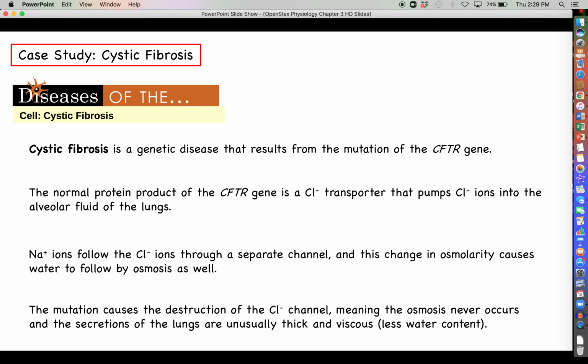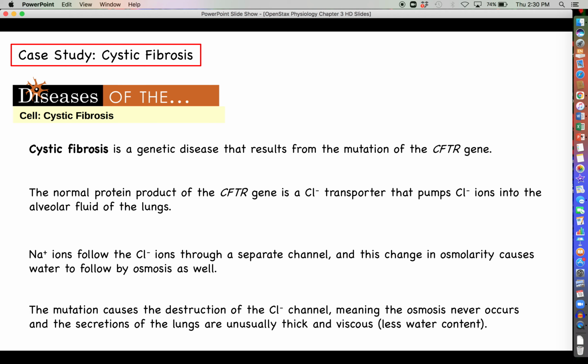Well, the problem with the mutation that we see in this CFTR chloride channel is that we don't make the protein correctly, and the cell will actually destroy the channel before it ever has a chance to do its job. So the chloride ions don't get transported, the sodium ions don't get transported because there are no chloride ions to get attracted to, the osmosis never occurs, so we don't do a good job of putting water into that secretion in the alveoli, so it becomes very thick and very viscous.